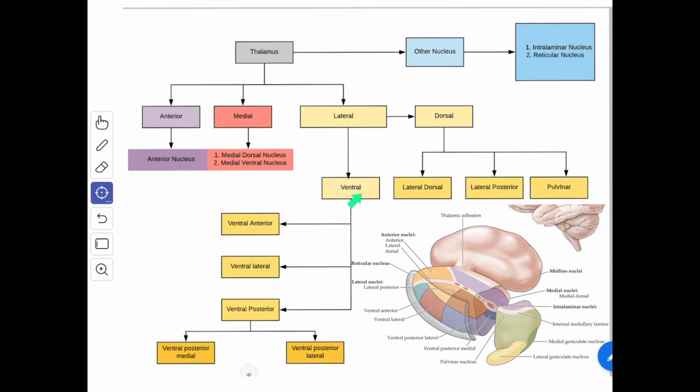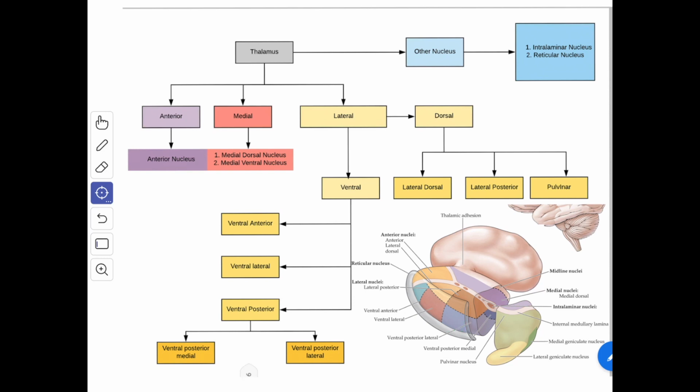The ventral subdivision is again subdivided into ventral anterior, ventral lateral or intermediate, and ventral posterior. The ventral posterior is again subdivided into ventral posterior medial and ventral posterior lateral. In this picture you can see the ventral anterior, the ventral lateral or intermediate, and the ventral posterior divided into ventral posterior medial and ventral posterior lateral.